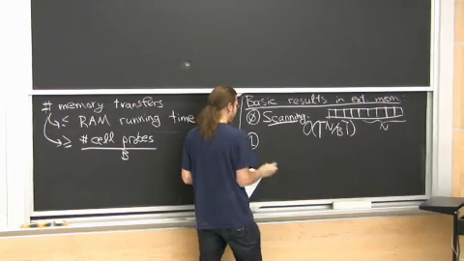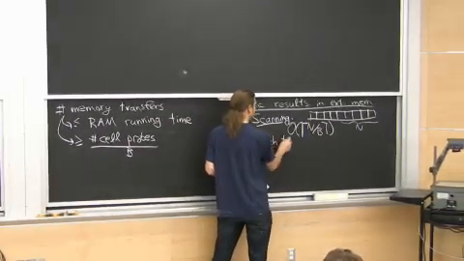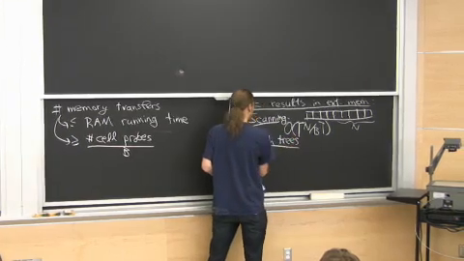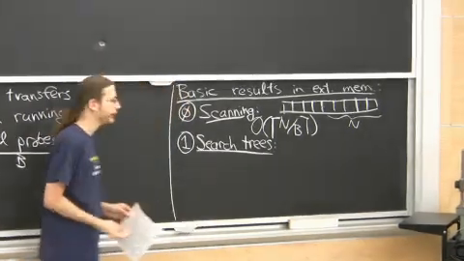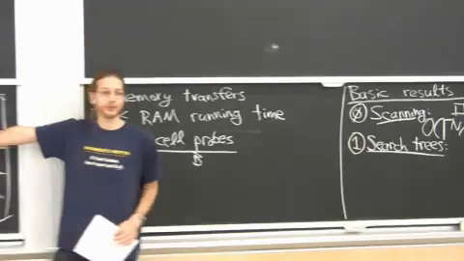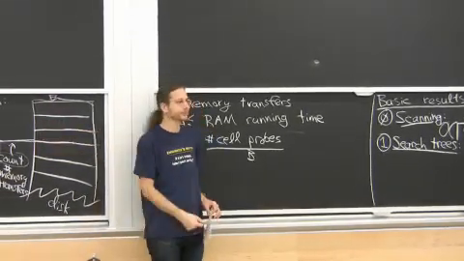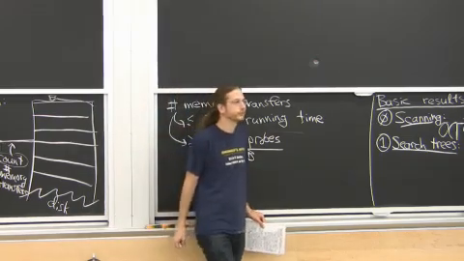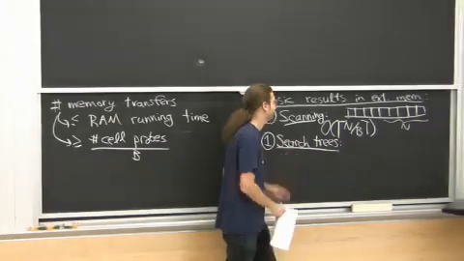Slightly more interesting, although not that much more interesting, is search trees. If you want to be able to search for an item in this external memory model, what do you do? B-trees.